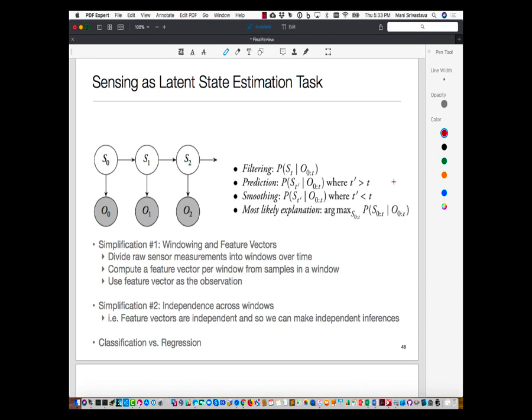One very common thing we do is we window. So we look at a window and make an independent assessment about that. And the second thing is, instead of working with raw data, we decide on a set of features and we work with those features. The features reduce the amount of data, but also very importantly, they bring some expert knowledge into it.